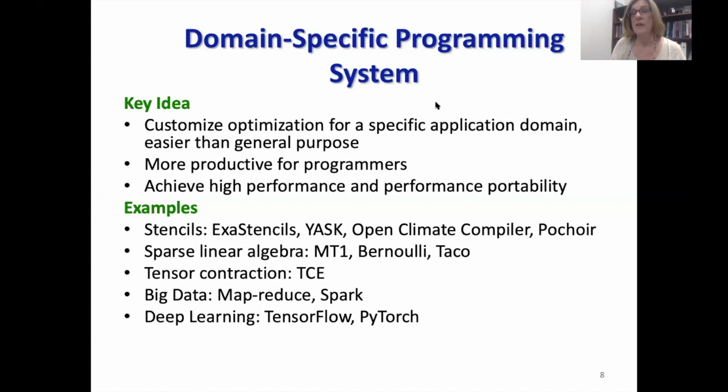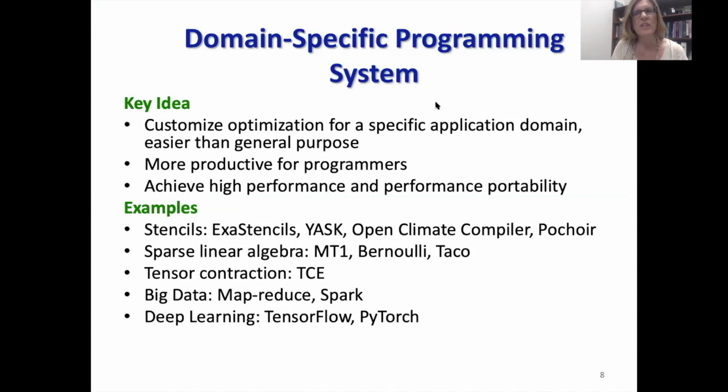While hardware specialization has gained popularity, software specialization has similarly been used to improve both programmer productivity and performance. Domain-specific systems are that specialization. They customize optimization for a specific application domain.